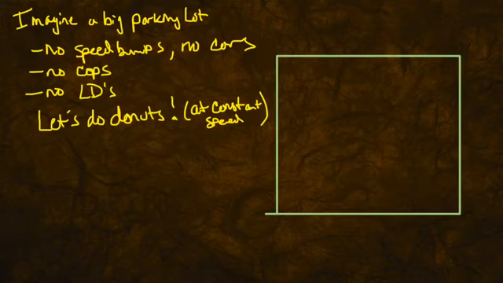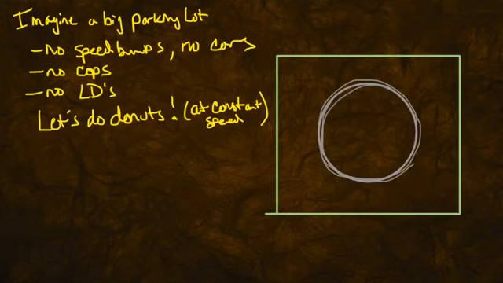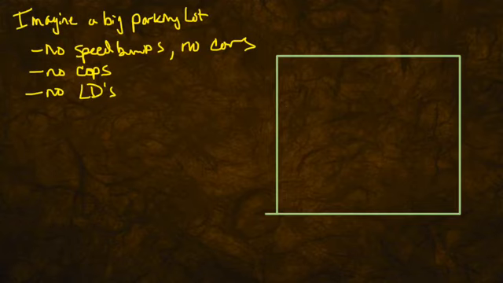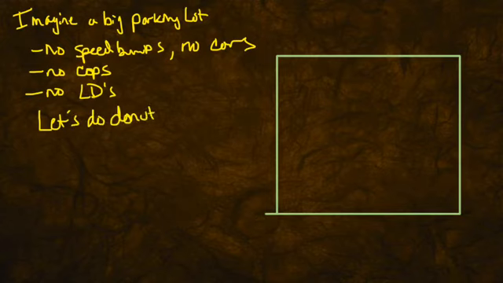Okay, but we're going to do our donuts at constant speed. We maintain a constant speed of our car while we are doing our donuts. Let me do that one a little slower here. Let's do donuts.